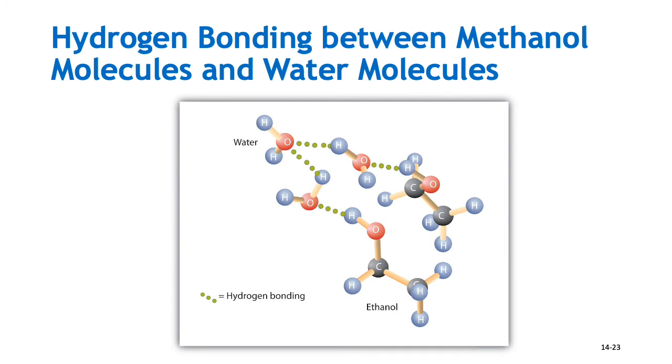I'd also mention that hydrogen bonding can occur between methanol, or alcohols rather, and water molecules. So not only is methanol doing what I showed in the earlier slide, where there is hydrogen bonding between methanol molecules, but remember how I said 1 to 4 carbons are soluble in water?